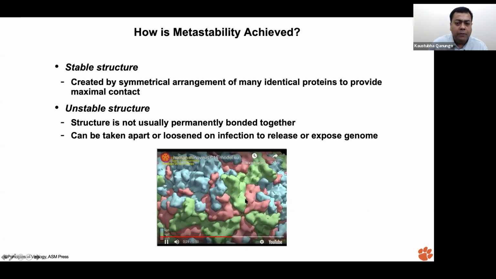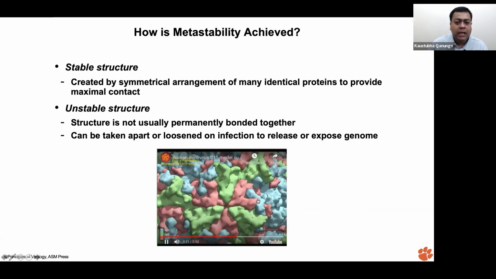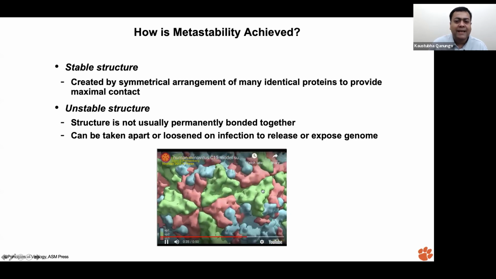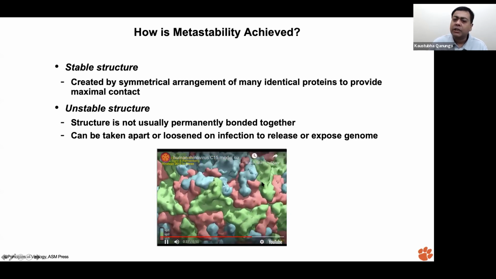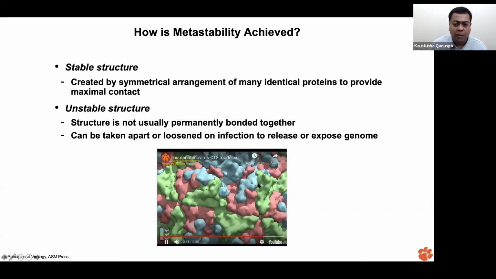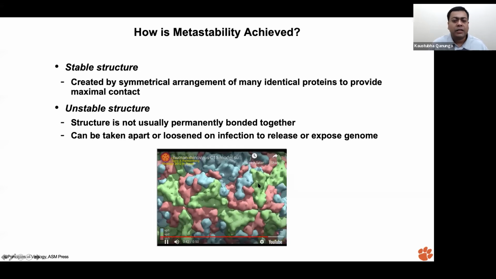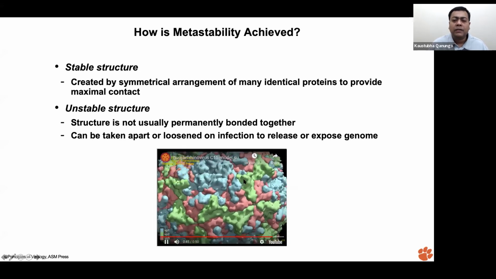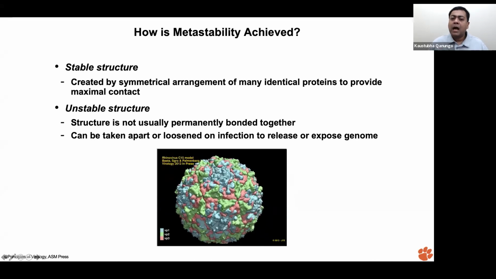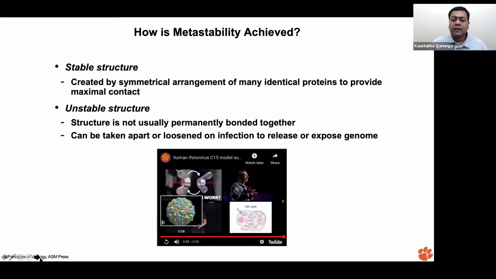There is no empty space in between them. They are bonded just like head to head, tail to tail. And these interactions, what I mean to say, are not covalent, but are usually hydrogen bonding, electrostatic interactions, hydrophobic interactions, and all these different types of interactions, which can be easily taken apart in that process as well, which actually gives you the metastability. All right.